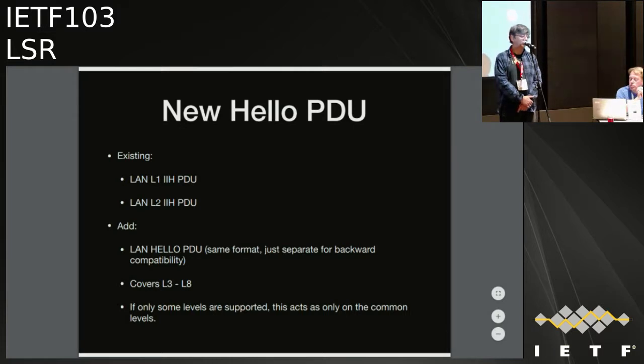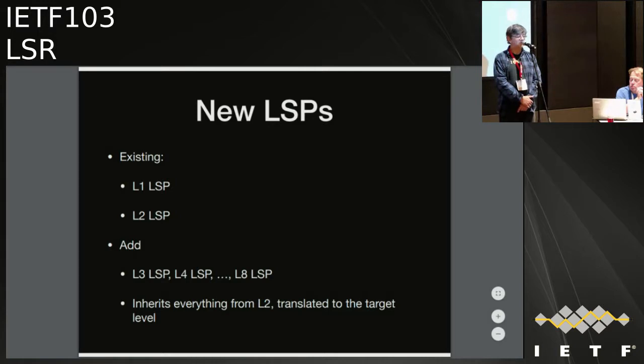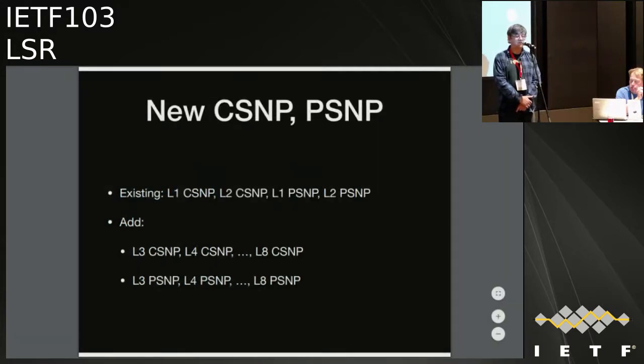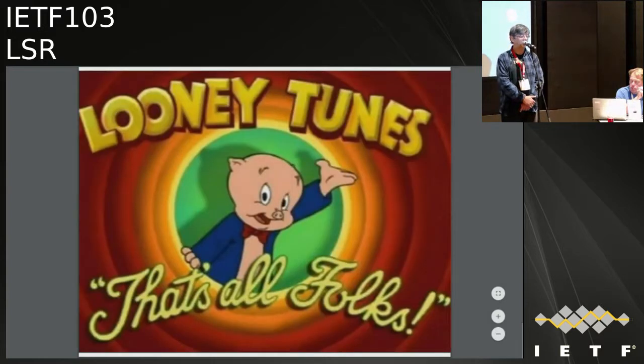I think that's possible. We need some new LSPs, new PDUs for level 3 through level 8 LSPs. We need new PDUs for CSNPs and PSNPs, and that's all. Mostly this draft is about a giant request to IANA for a whole lot of new code points.